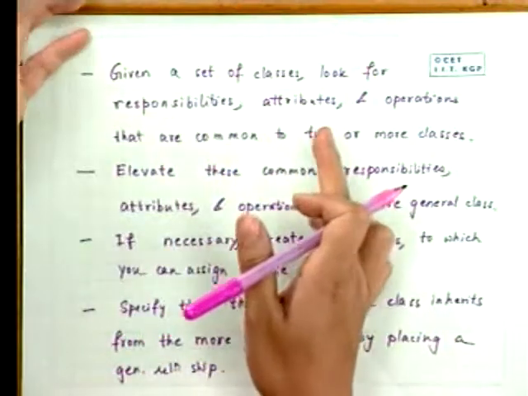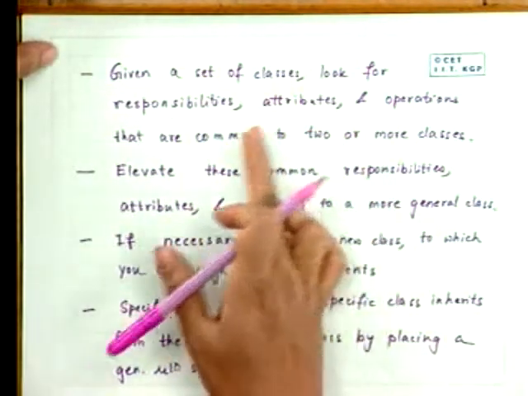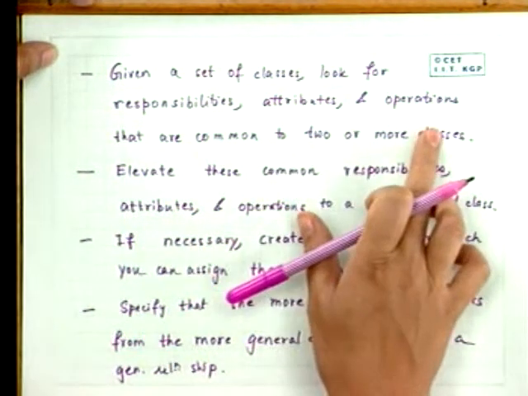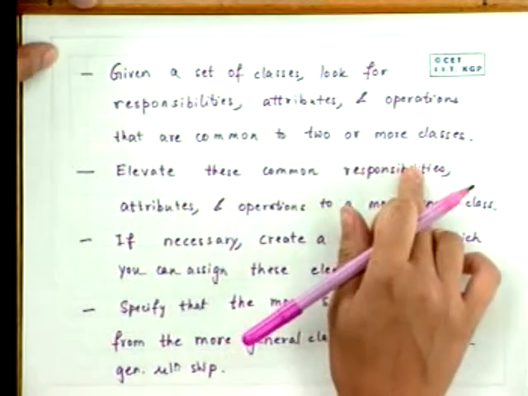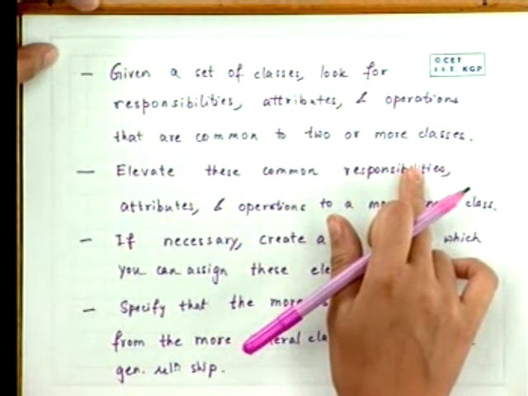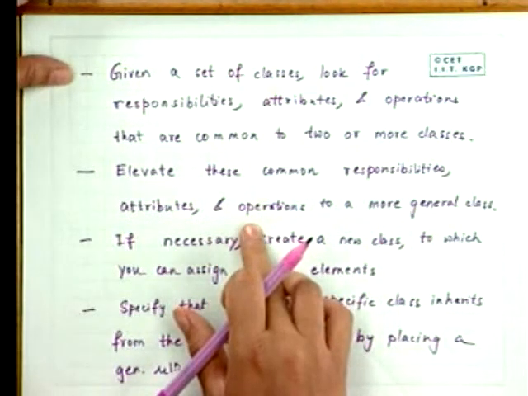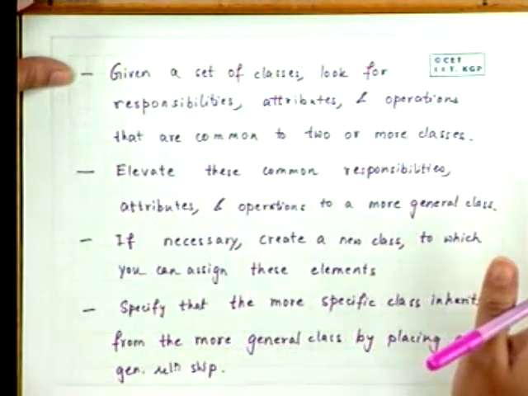So let us look back at the steps. First, when we are given a set of classes, we look for responsibilities, attributes, and operations that are common to two or more classes. After having identified these common responsibilities, attributes, and operations, we elevate them to a more general class.